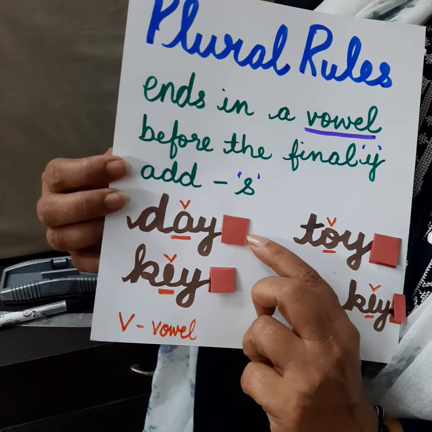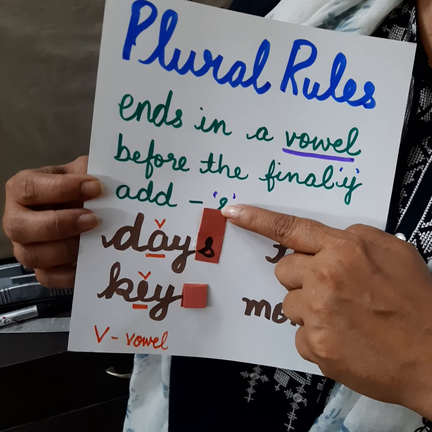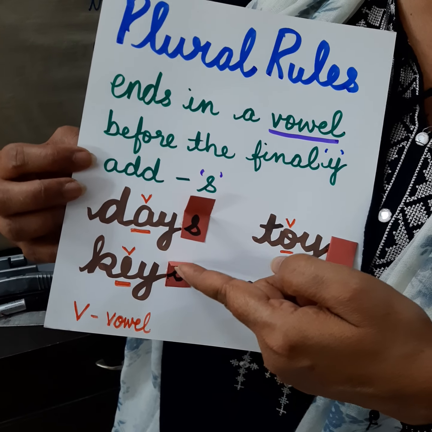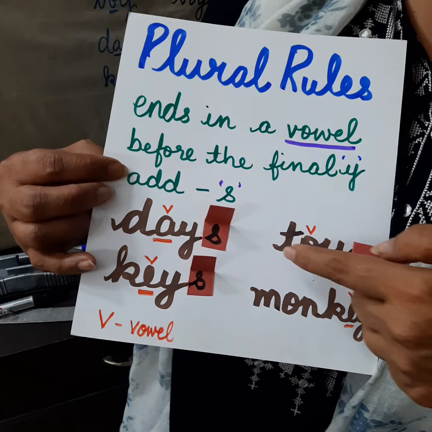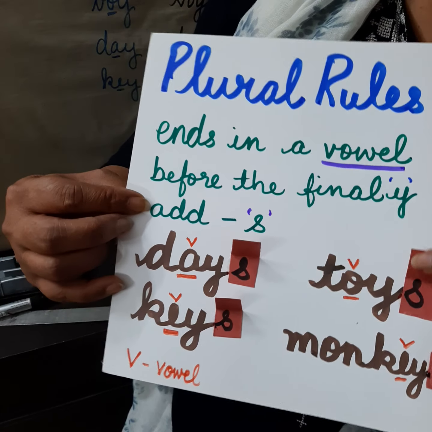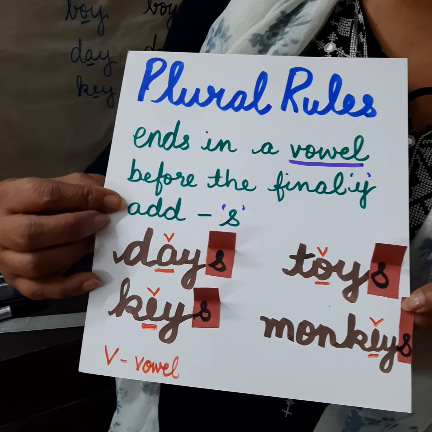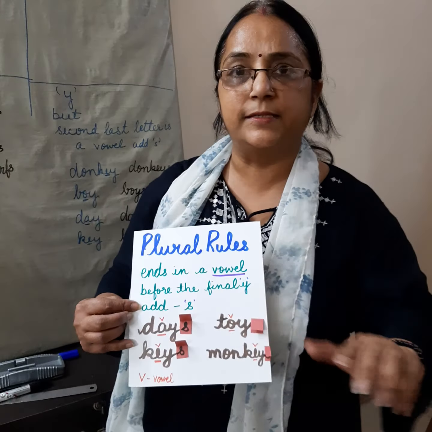So to make it plural, we will add S to it. Day, days. We will not replace it with IES. Now key, keys. Toy, toys. Monkey and monkeys.